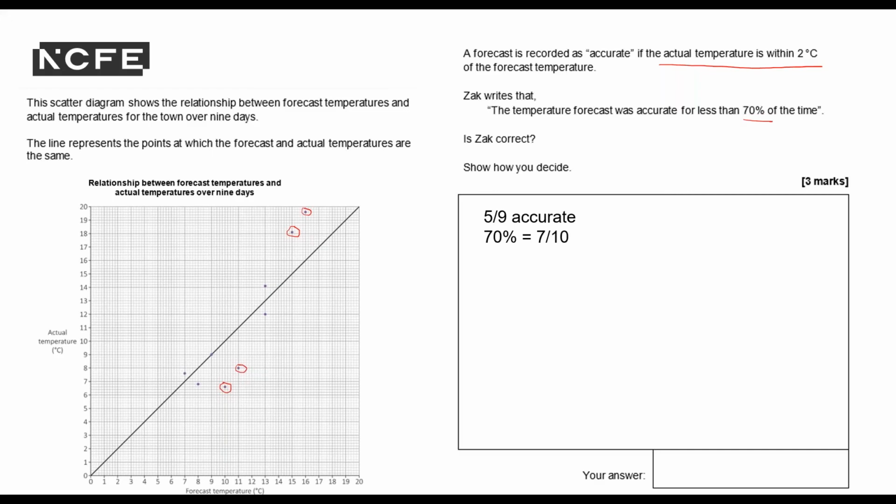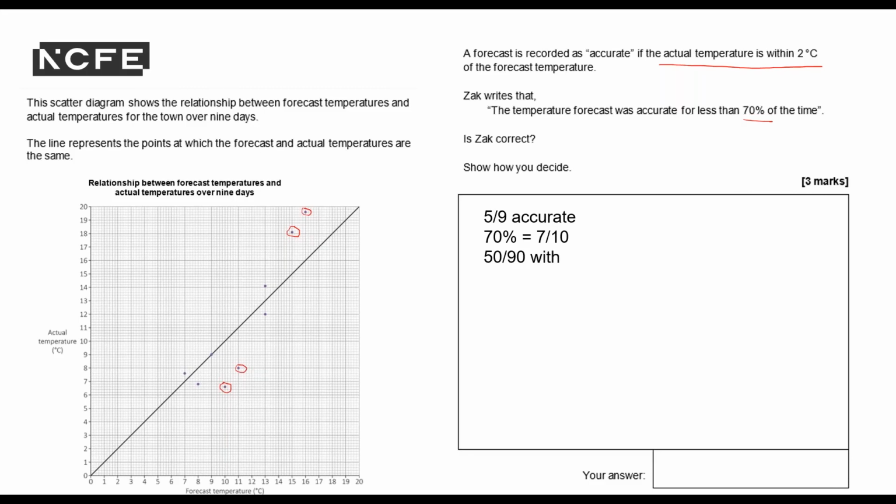And then to find the common denominator, I would compare 5/9. If I make the common denominator 90, then I can compare 50/90 with 63/90.